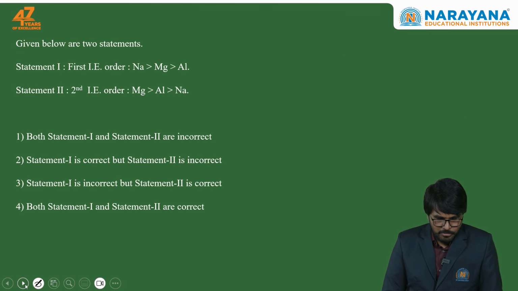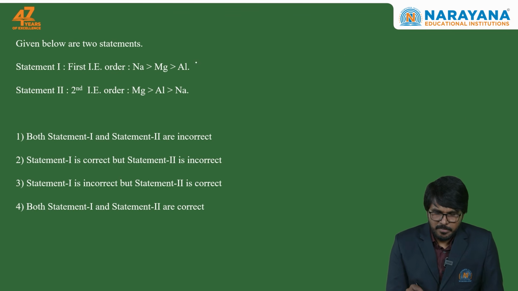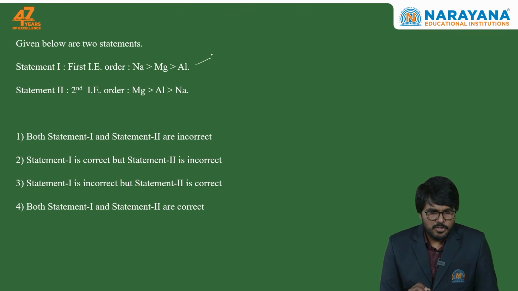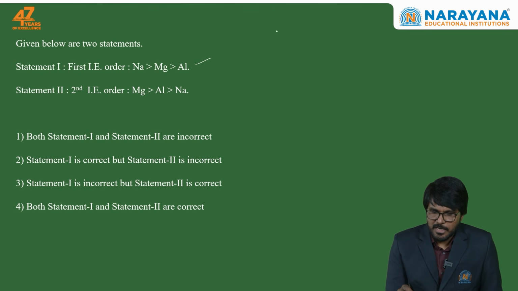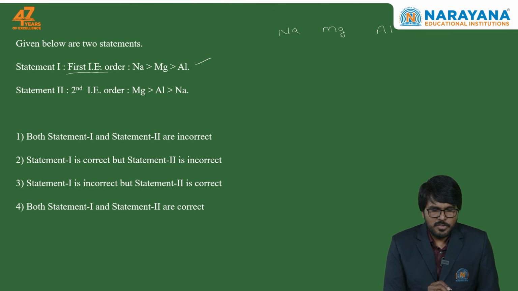And the next question, here two statements are given. The first statement is related to first ionization enthalpy and the second statement is related to second ionization enthalpy. The elements given here are sodium, magnesium and aluminum. These are elements of one period.